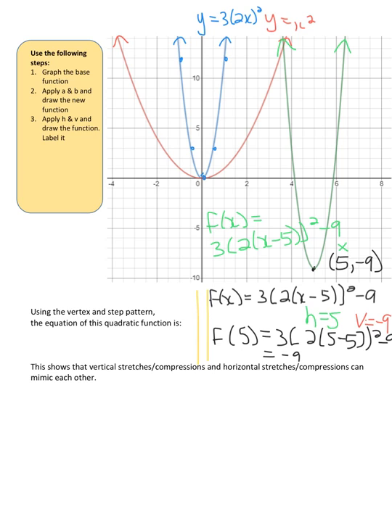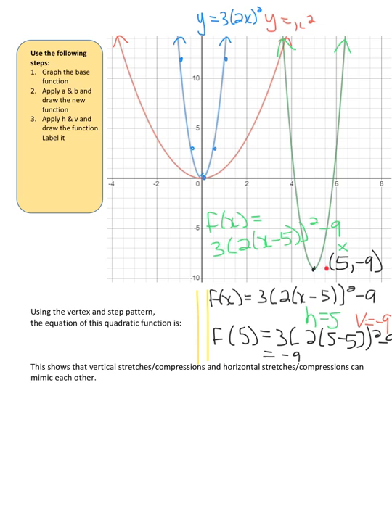In grade 10, you looked at transformations, but you only looked at a values, h values, and v values. You did not have any b values, and I'm going to show you why now. To do that, I want to find another equation for this green quadratic function that we just graphed, using the knowledge that you have from grade 10 of finding the vertex and the step pattern.